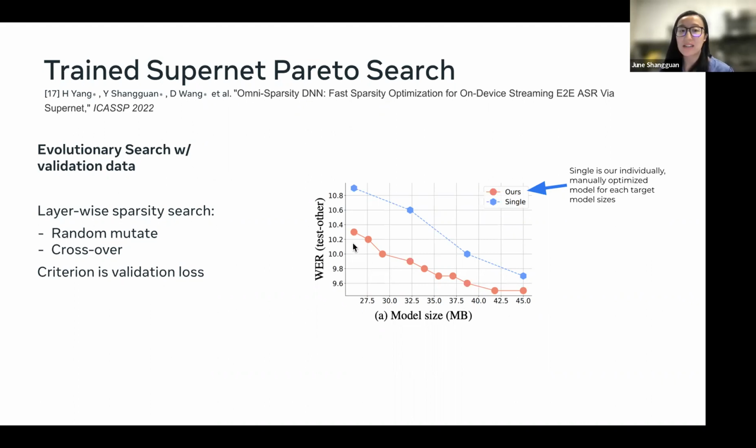The way you do it is per layer, you generate some configs, and you can randomly mutate them or crossbreed between configs, and you select the strongest config based on validation loss. So this is a very traditional evolutionary search mechanism. We were able to find all these models at different sparsity and different word error rates, and you can see that the Pareto front is being pushed to the optimal Pareto front.